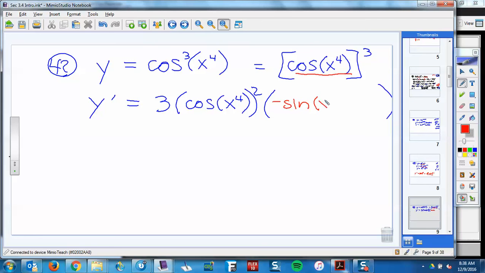You leave its inside alone. And then times, I'll put another set of parentheses, and then the green part, right? Your derivative of its inside, which is 4x cubed.